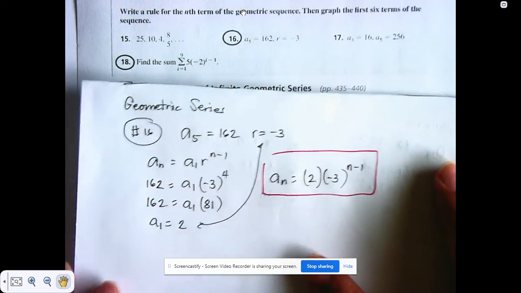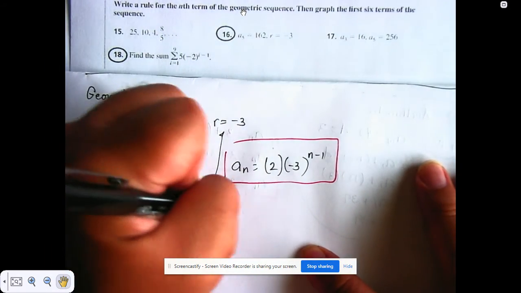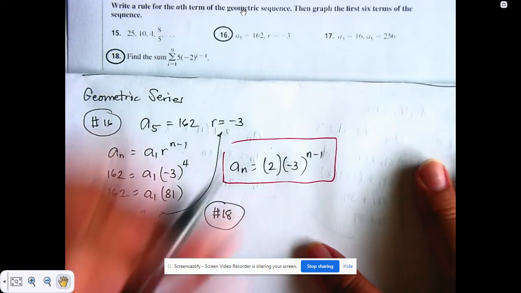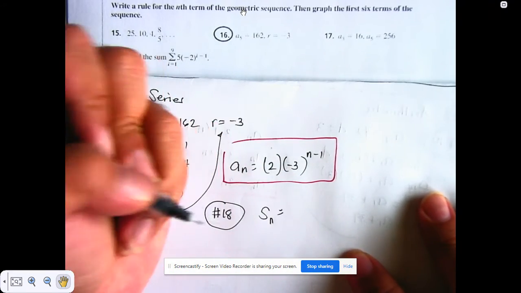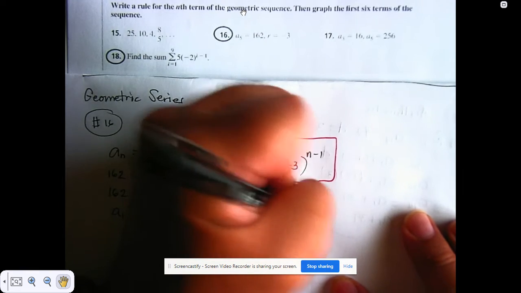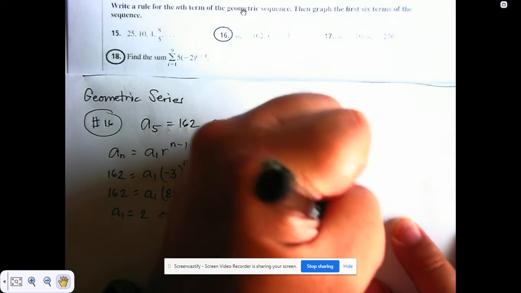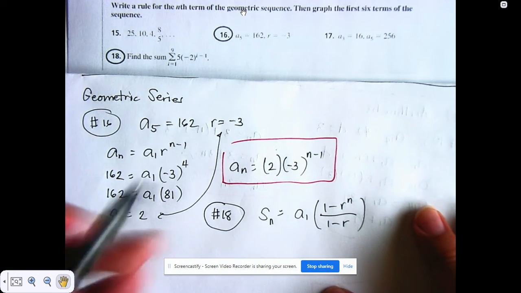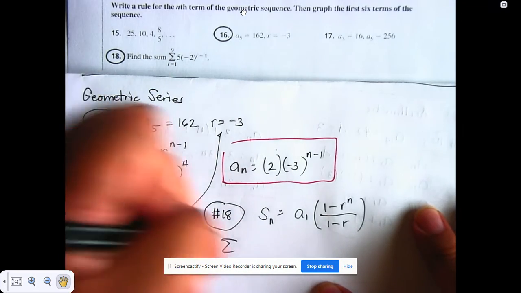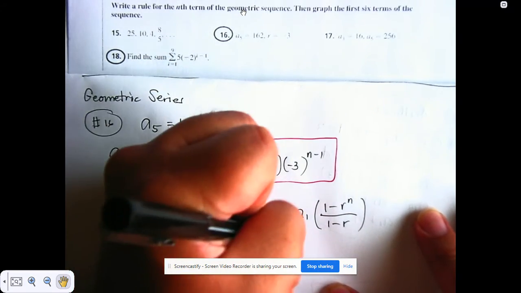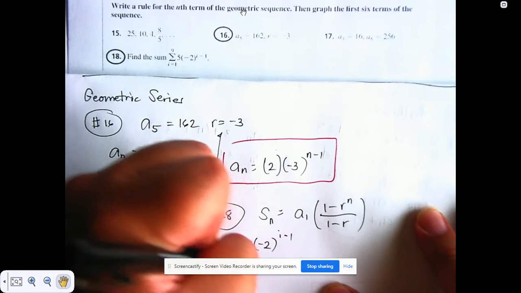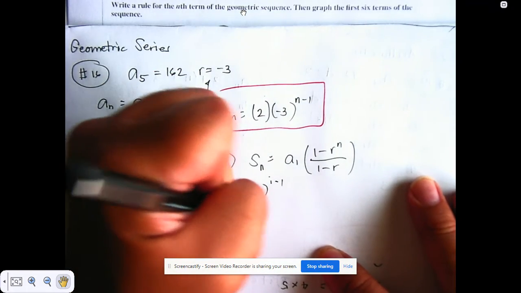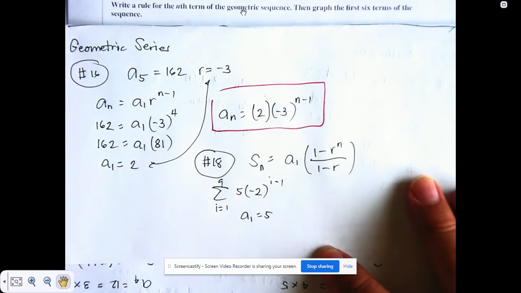Next, 18. Sum. Again, the sum S sub n would equal, remember, a sub 1 times 1 minus r raised to the n, over 1 minus r. So you need to have two things. The expression is the summation of 5 times negative 2 raised to the i minus 1, from i equals 1 to 9. Looking from here, a sub 1, the first one, is 5.